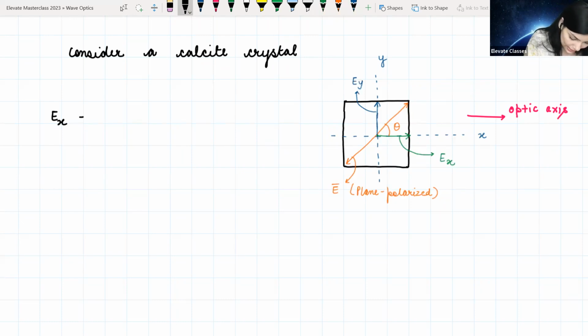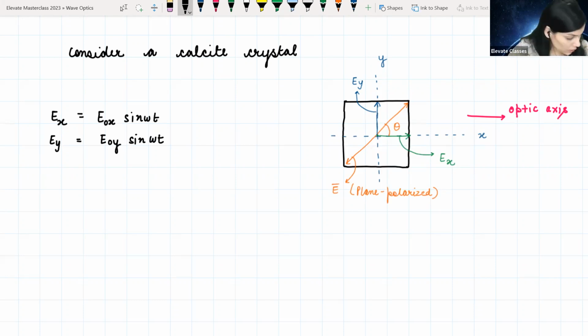So I say that EX component is equal to some EOX, and there is some sine omega t term. This is actually immaterial, but because I'm writing a wave, so I'm writing this, we can remove this also. But I'm just saying that there is some sinusoidal time variation also, okay? And I can write some EY component to be equal to some EOY component. Let's write sine in this also. Then it makes more sense.